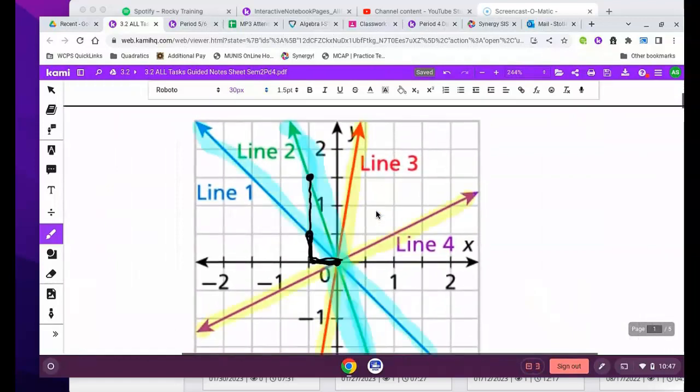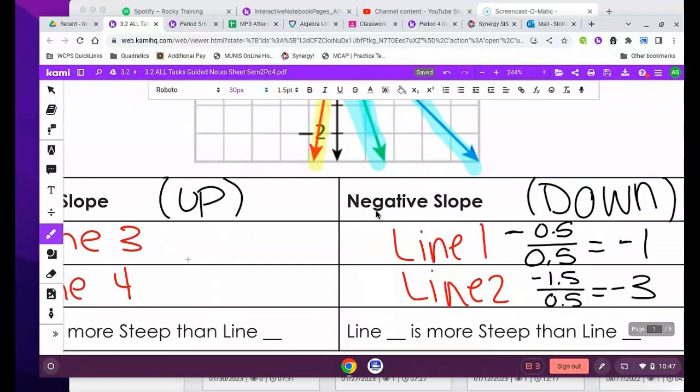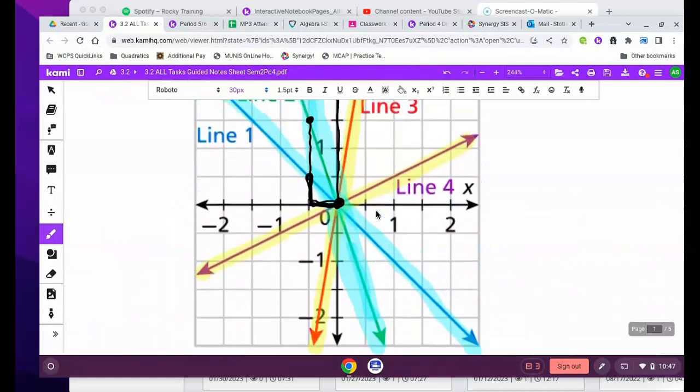Now let's look at line 3. So now we have a positive line. We can start here and we rise 1, 2, and then we can go over about halfway. So up 2, over about halfway, which 2 divided by about a half is equal to positive 4 because we're going up.